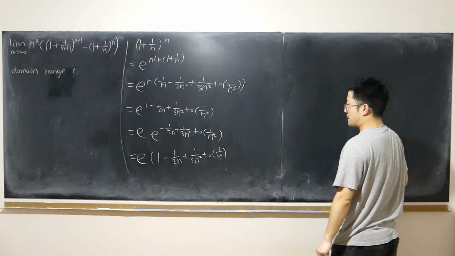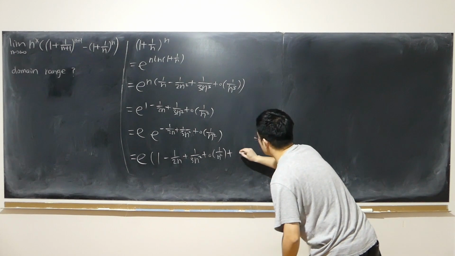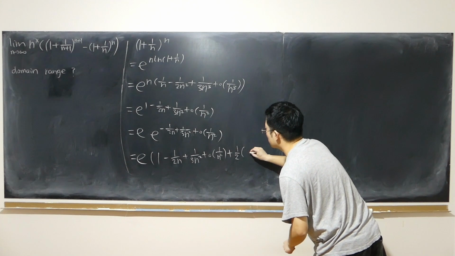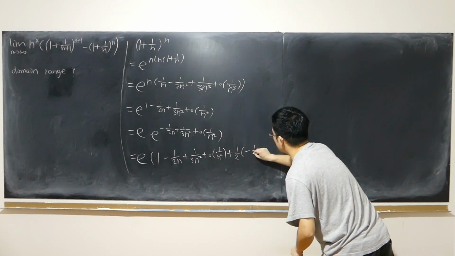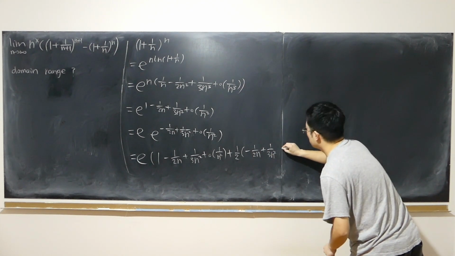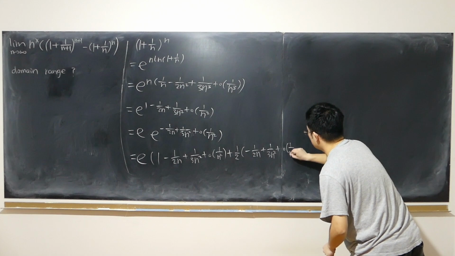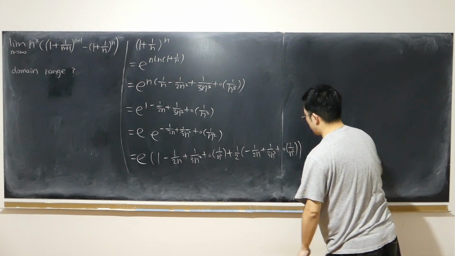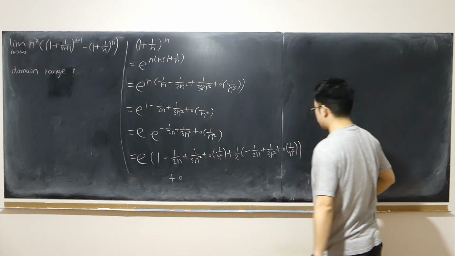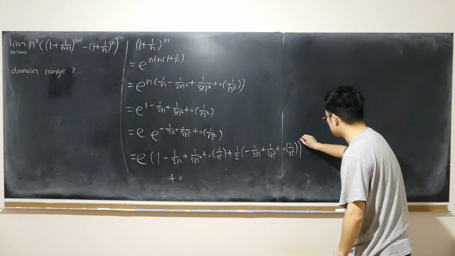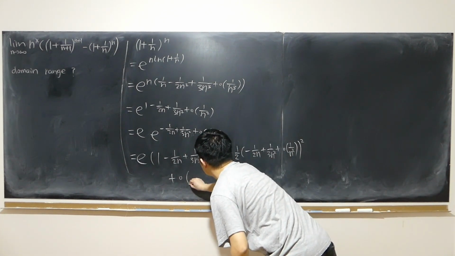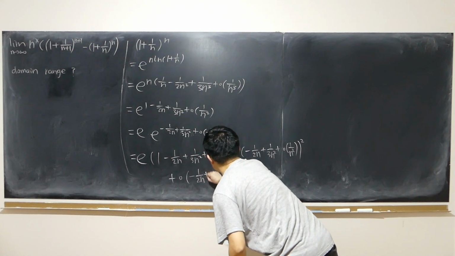Plus half of x squared, plus little o of x squared.